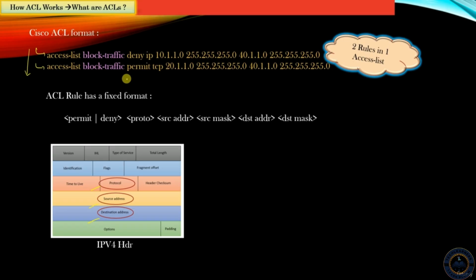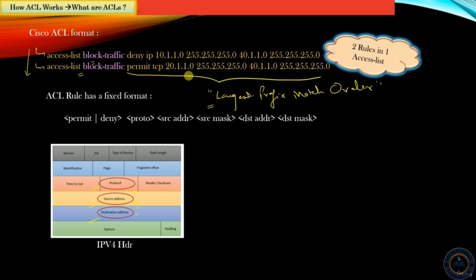We will see shortly that these ACL rules are evaluated against these parameters of the packet in the longest prefix match order. Now what is that? We are going to discuss it shortly in the next lecture video. For now, the takeaway from this slide is how to specify ACL rules. Each ACL rule is tied with a verdict which is either deny or permit.